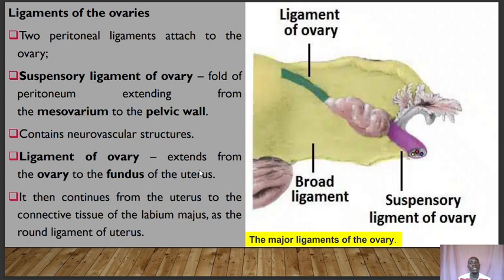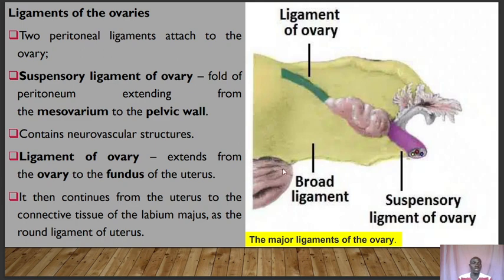We have the ligaments of the ovaries, and we have two peritoneal ligaments which attach to the ovary. We have the suspensory ligament of the ovary. This is a fold of the peritoneum extending from the mesovarium to the pelvic wall, and it contains neurovascular structures.